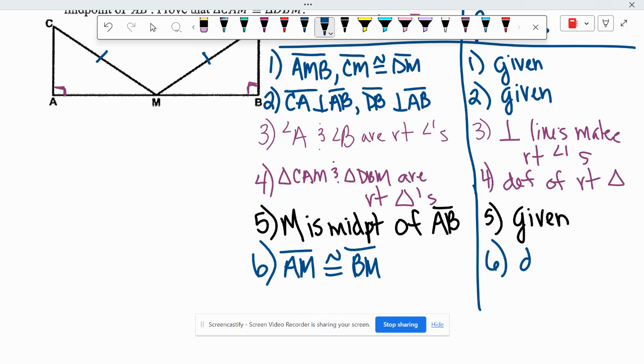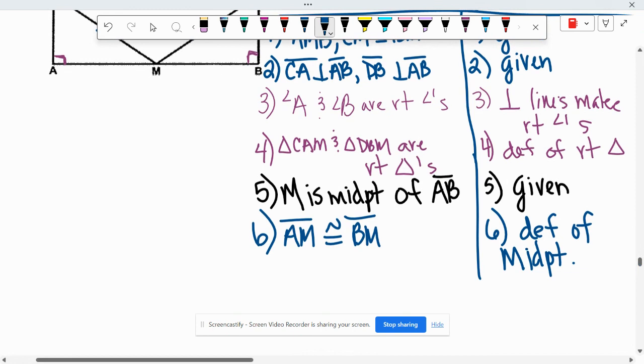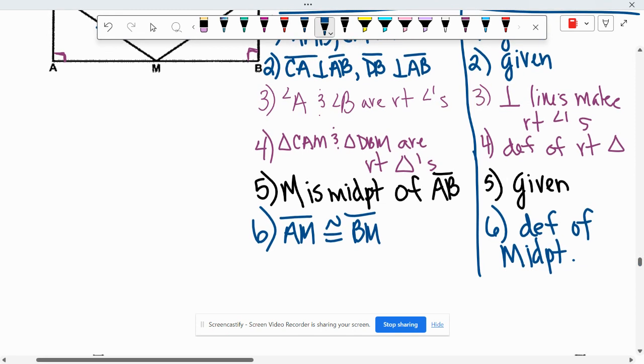Why can I say that? Well, that's just the definition of a midpoint. There's actually this fabulous midpoint theorem, but you can just use definition of midpoint.